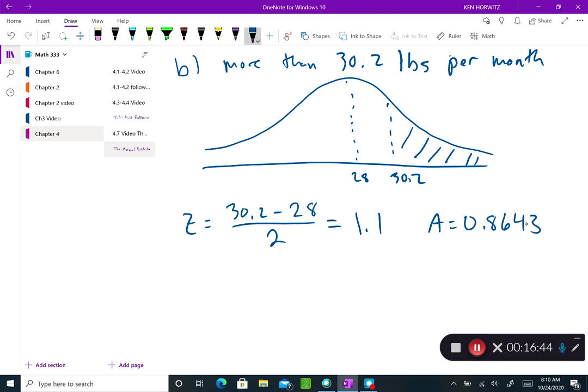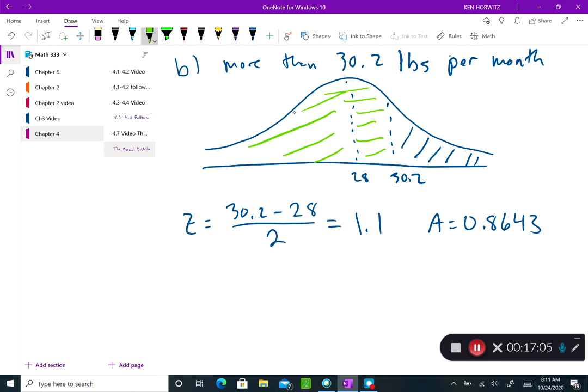Now that is area to the left of 30.2, and it certainly makes sense because I'm well beyond my mean. The area just up to the mean would be 0.5, and I am beyond my mean, so it makes sense that it's an area above 0.5.